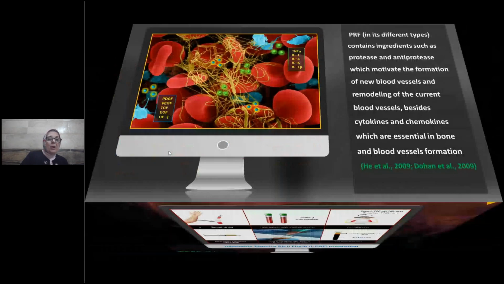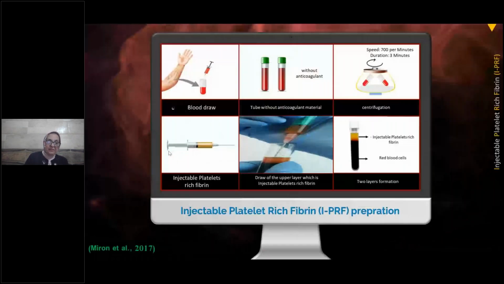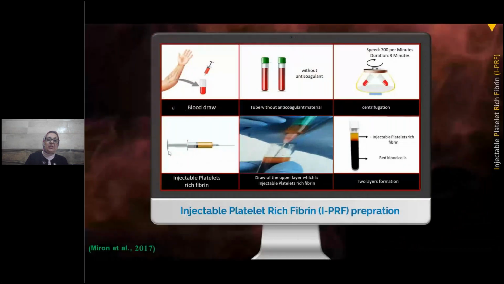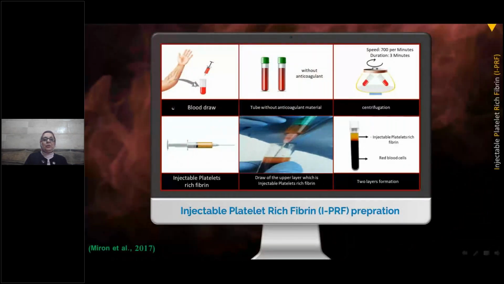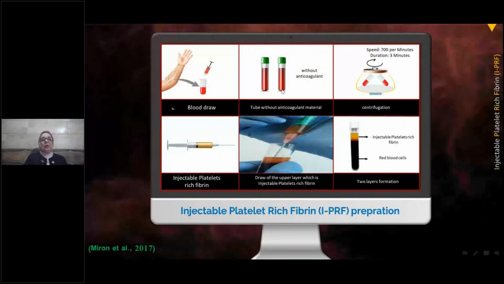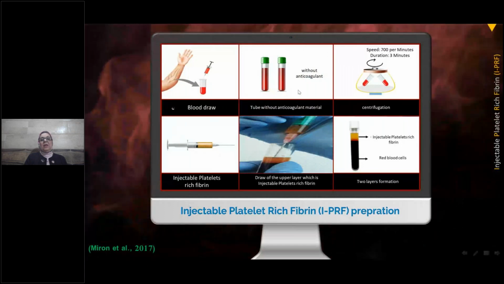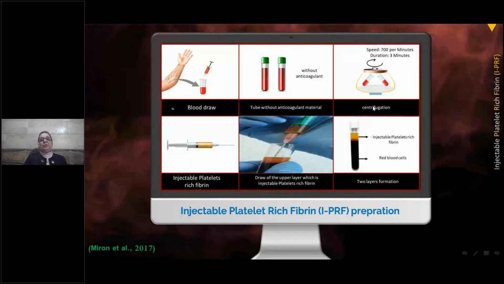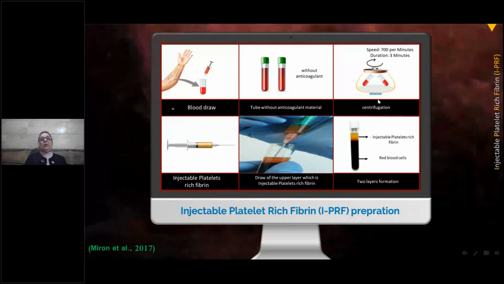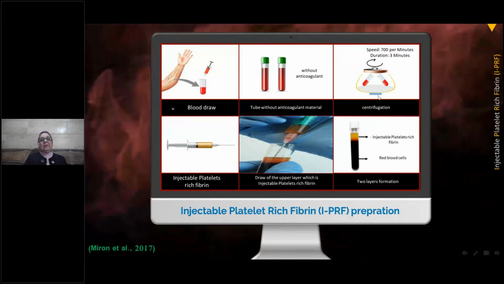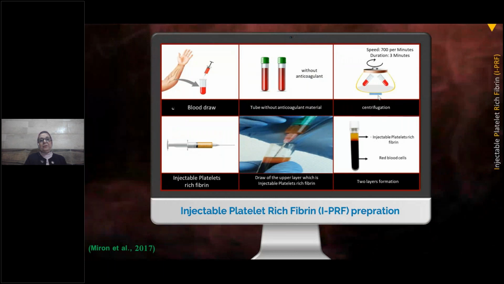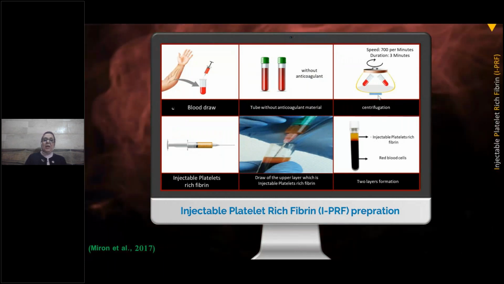We draw about 20 ml from the patient into tubes without anticoagulant materials, then they undergo centrifugation at a speed of 700 per minute for 3 minutes only.